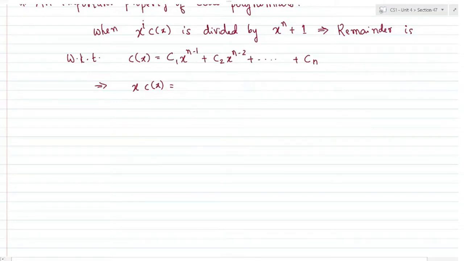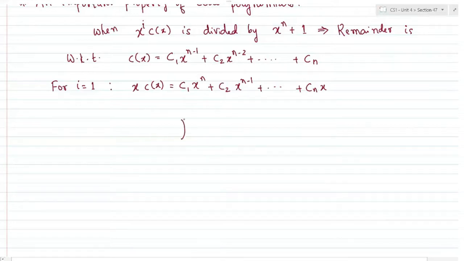So I'll take i as 1 first. For i equal to 1, I would obtain x times c of x. So this will be c1 x^n + c2 x^(n-1), and so on up to cn x. Then divide by x^n + 1.